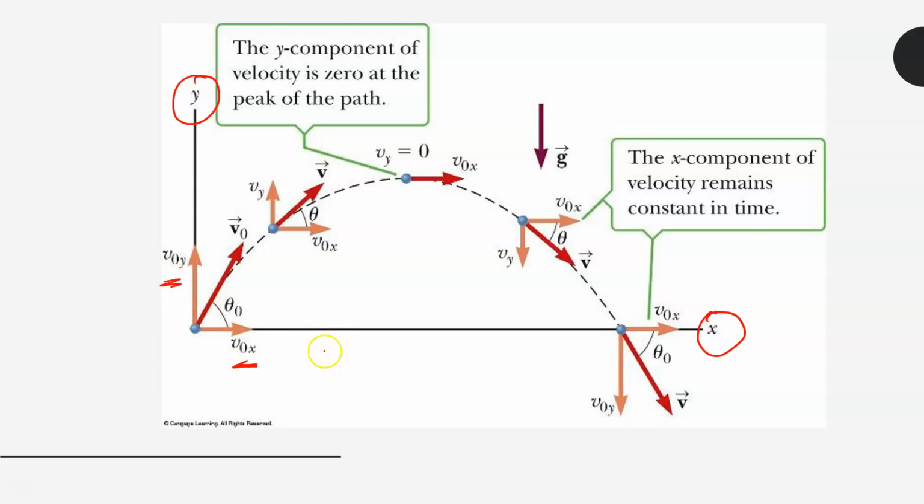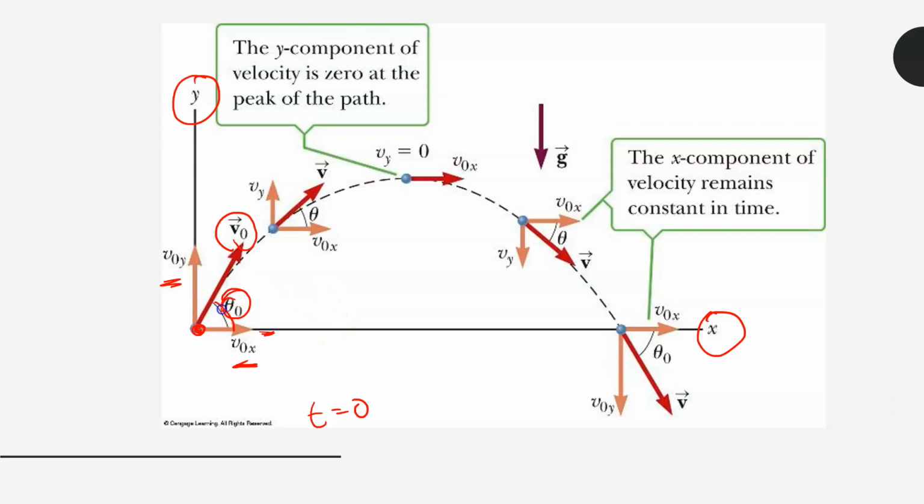So let's assume at t equal to 0, the projectile leaves the origin with initial velocity v0, and this velocity vector makes an angle theta, which we call theta naught, with the horizontal.